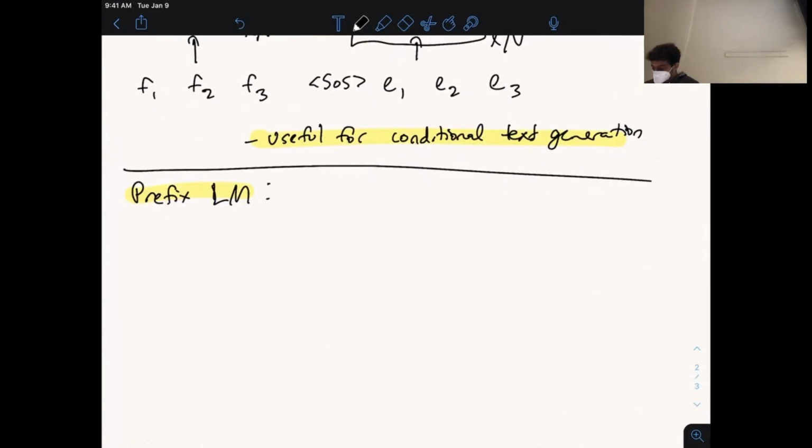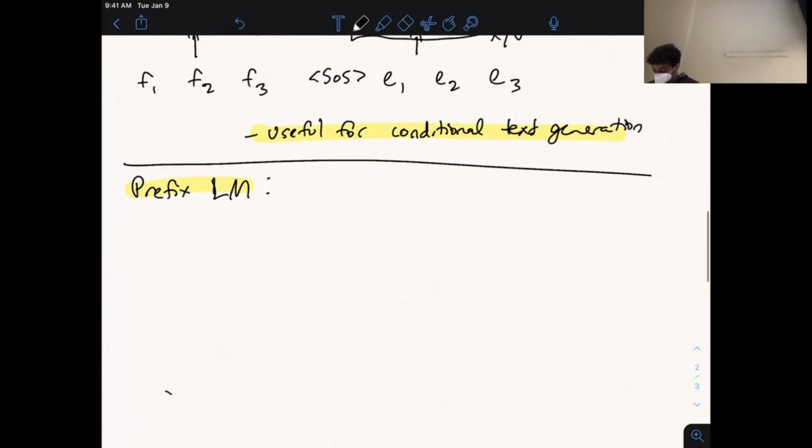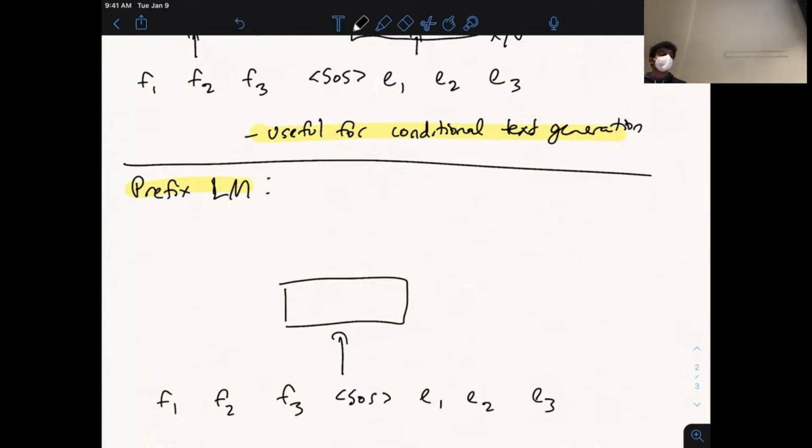But basically, if we had the same exact input sequence, F1, F2, F3, start of sequence, E1, E2, E3, if we don't want to have a separate encoder and decoder, we can also just use a single decoder to handle this entire input sequence. So if we wanted to do that, instead of using fully unmasked or fully masked self-attention, we can use partially masked, or partially unmasked, self-attention.